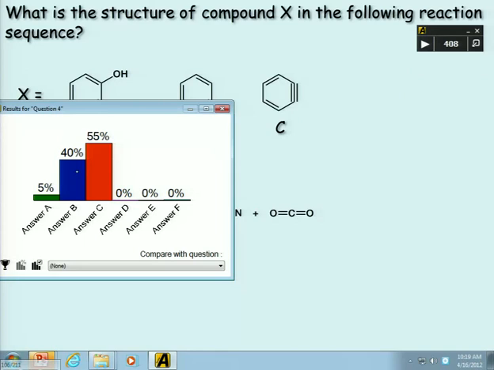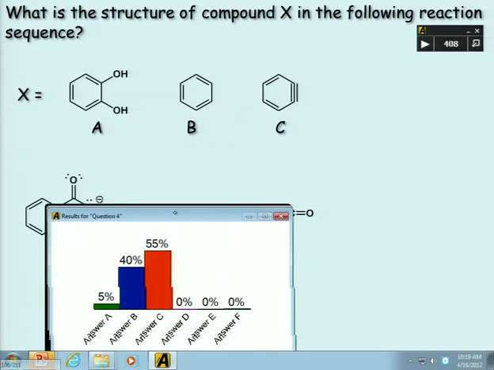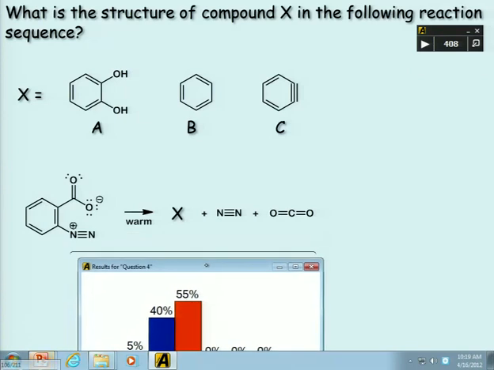Okay, a bunch of people chose B. Well, let's look at this. That nitrogen wants that pair of electrons. But that's going to cause that carbon to get a positive charge. Hey, wait a minute, but we've got a negative charge up here, and we make carbon dioxide anyway.